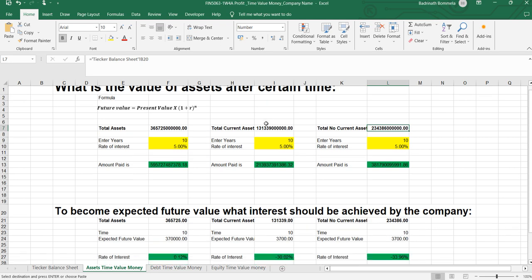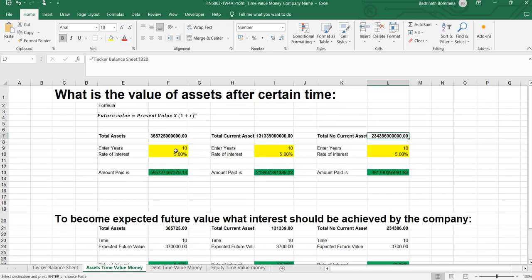Okay, here in this sheet, like in both the Excel sheets that I will explain now, wherever the value color is yellow, first you can change it. You can change it to different values. Okay, now I'm trying to change this one. I will make it 9 years. This value is automatically changing. And 12%.